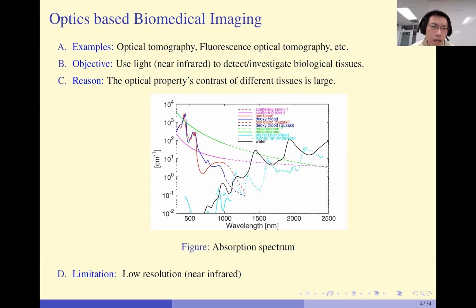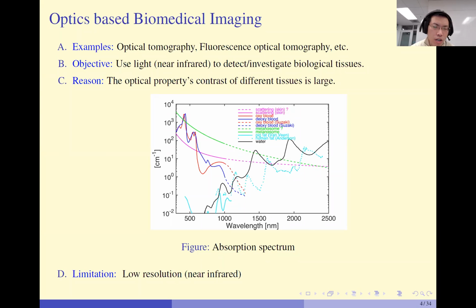Basically, in biomedical imaging, there are two kinds of prevailing modalities that people use. The first one is the optics-based tomography methods, such as optical tomography and fluorescence optical tomography.